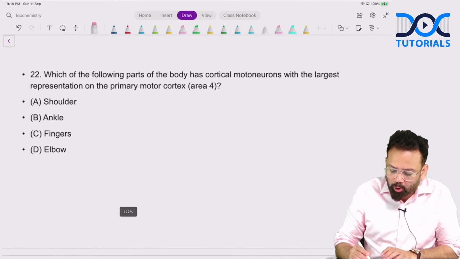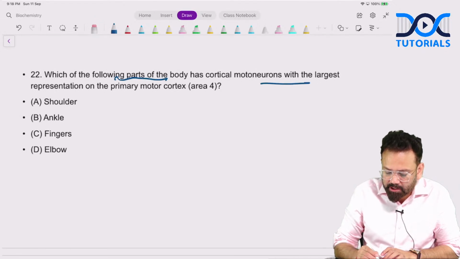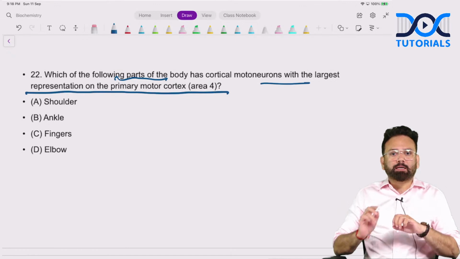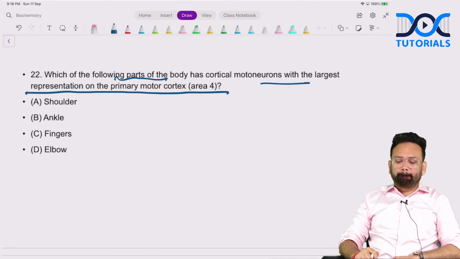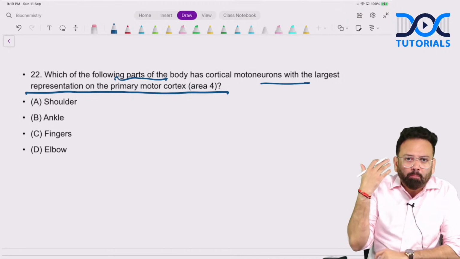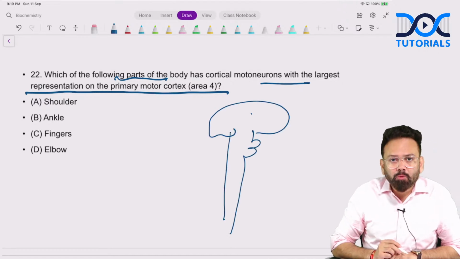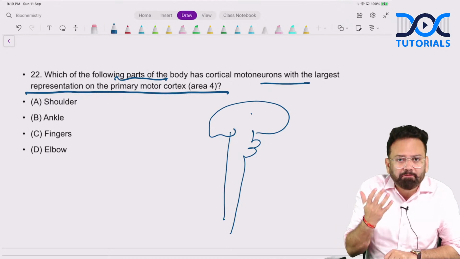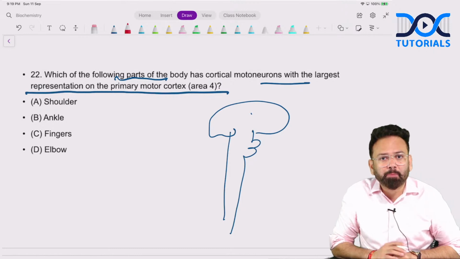Which of the following body parts has maximum representation on the primary motor cortex? Which is the most active part of your body? The more the function, the more the representation in your brain.